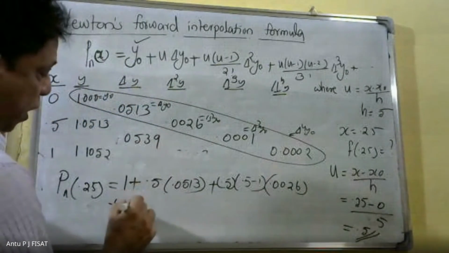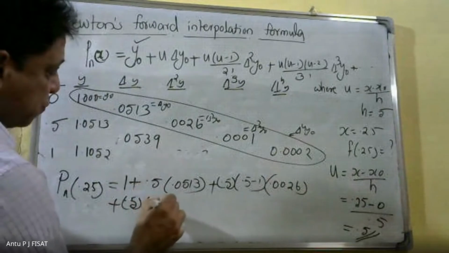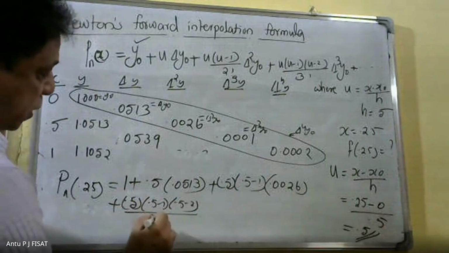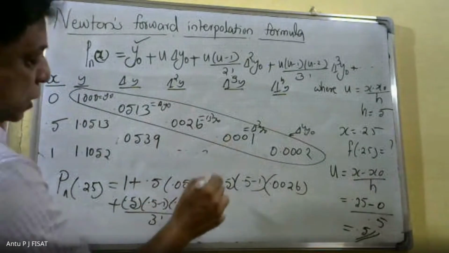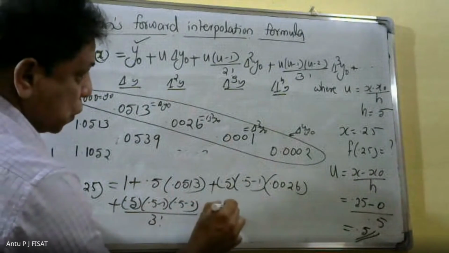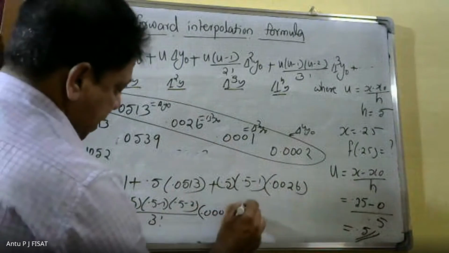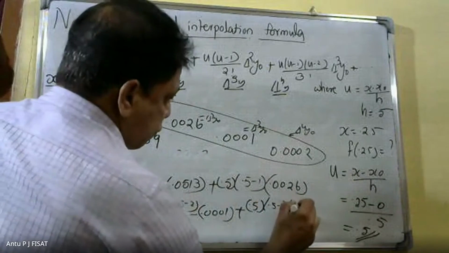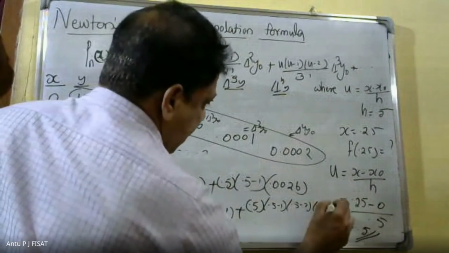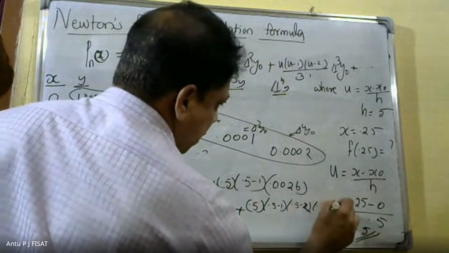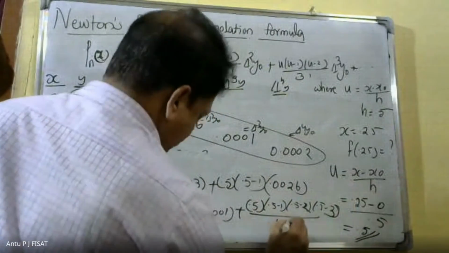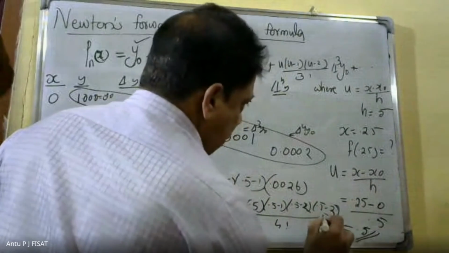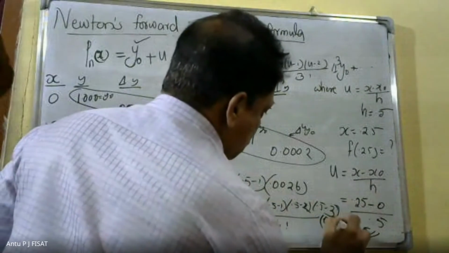Then 0.5 minus 1, 0.5 minus 2, divided by 3 factorial, delta cubed y naught is equal to 0.001, plus 0.5 minus 1, 0.5 minus 2, 0.5 minus 3, divided by 4 factorial, into 0.0002.